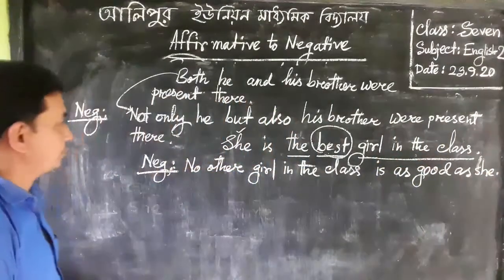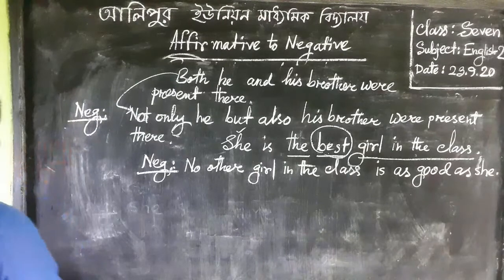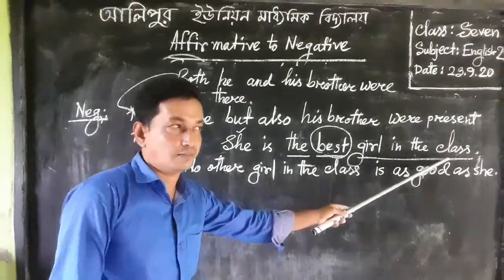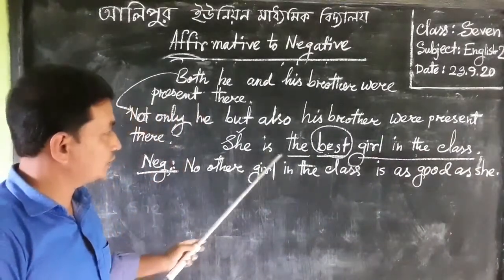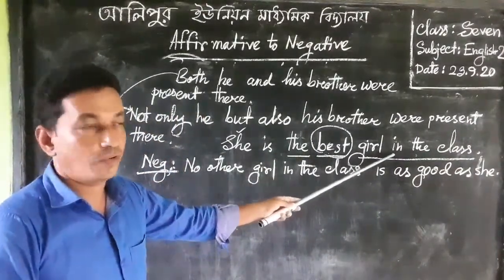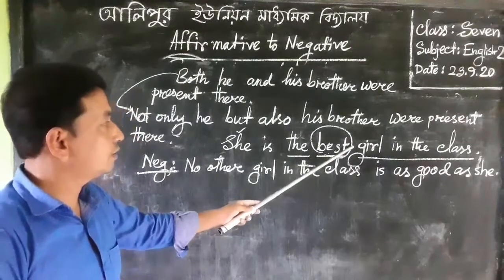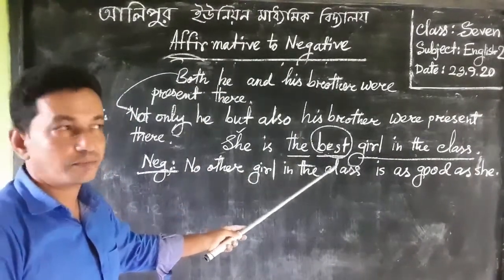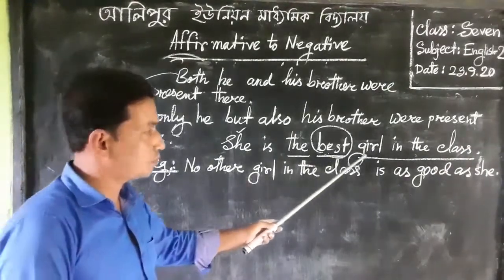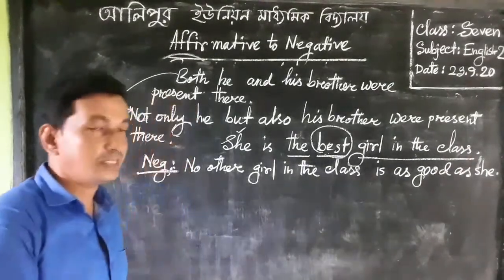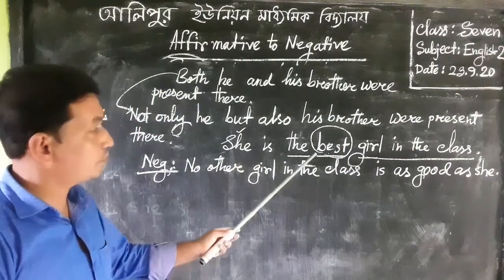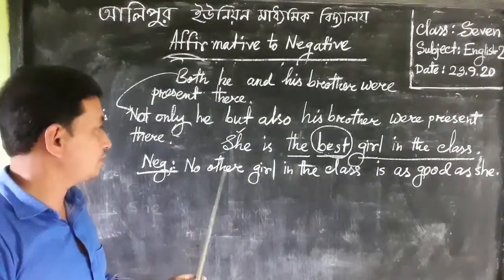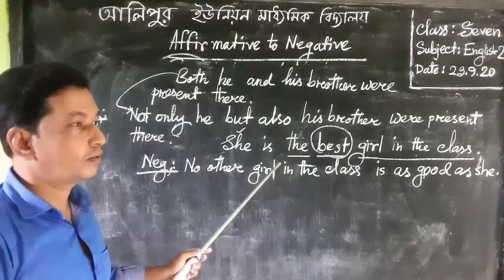Okay, dear learners, she is the best girl in the class. This is the superlative degree. It is also an affirmative sentence, but it indicates the superlative degree. When we see the superlative form in the sentence, we should change the sentence into +1.